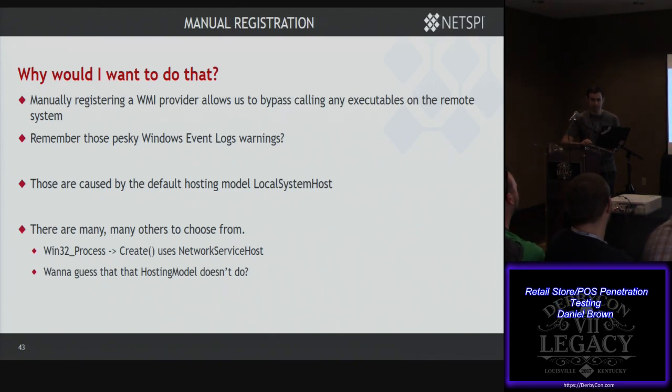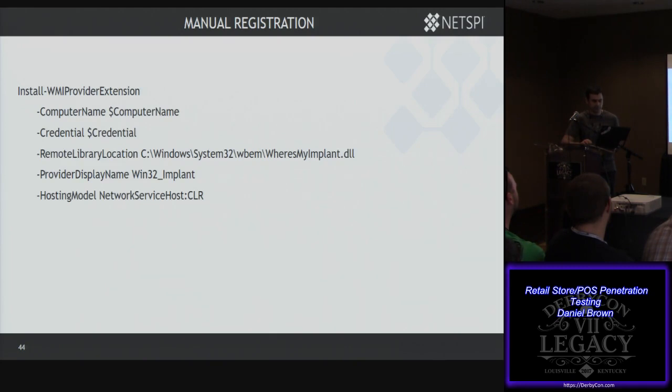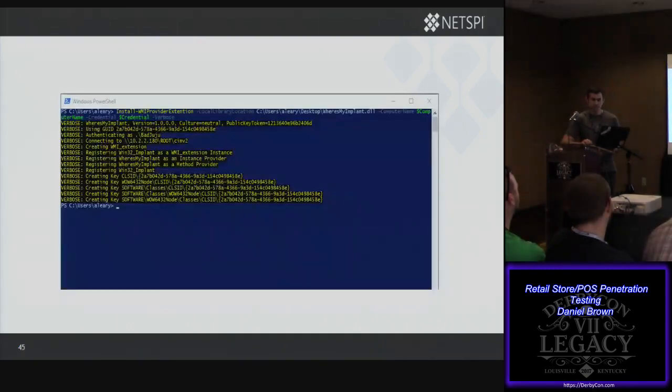Because it's awful, I created a wrapper for it where we just take in the library location and it parses out the library and then installs it as a provider. This takes a little bit longer, so for brevity, that's what the output of that function looks like.